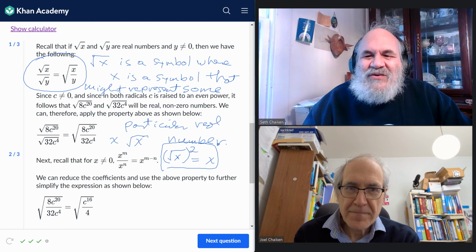So before algebra, you could only think of this property in terms of particular real numbers.